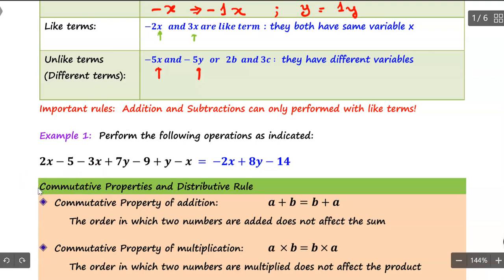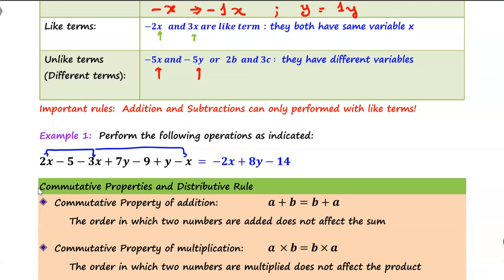So I am going to write here that I'm going to pick 2x with the negative 3x because they have the same variable x, and I will combine that with this term here. In addition and subtraction of terms, you leave the variable the way it is, and all you do is take the coefficients and perform the operation with the coefficients.